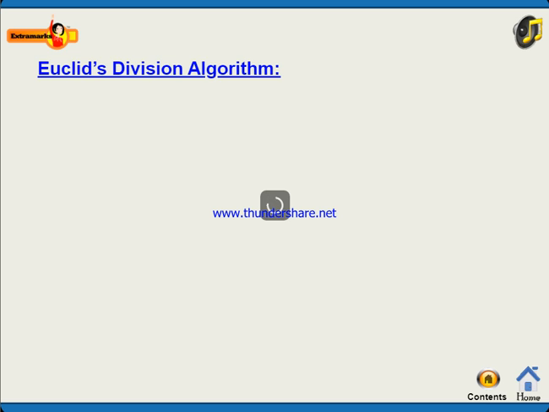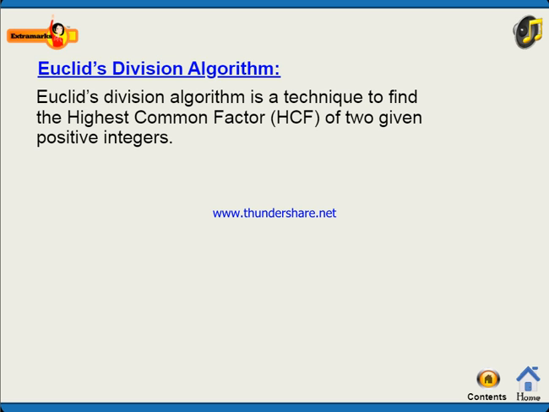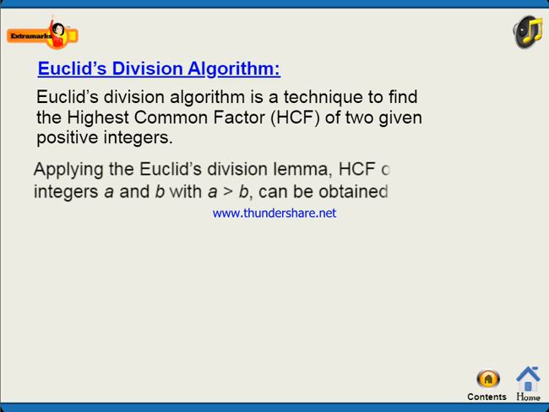We have also learnt about the Euclid's division algorithm, which is a technique to find the HCF of two given positive integers. Applying the Euclid's division lemma, HCF of two positive integers a and b with a greater than b can be obtained as follows.